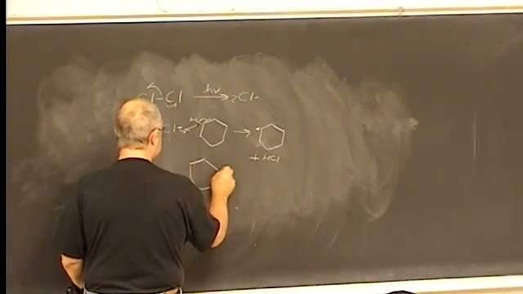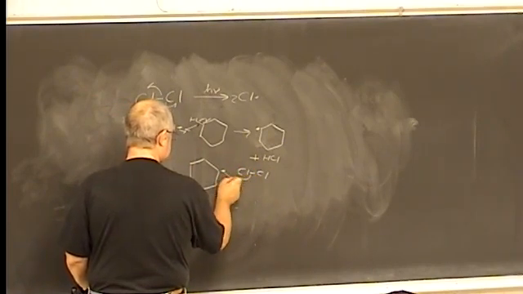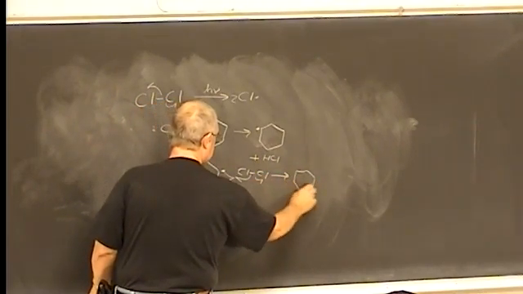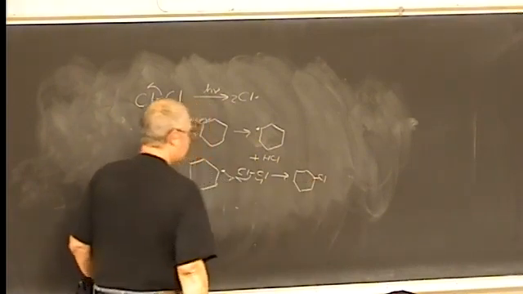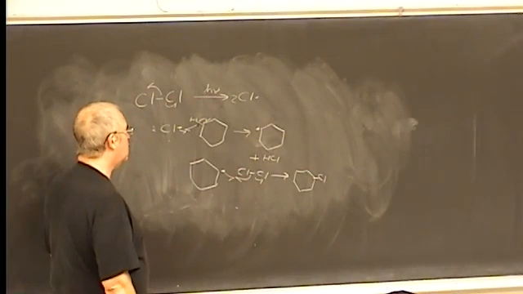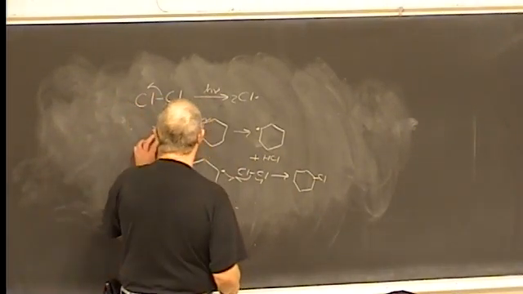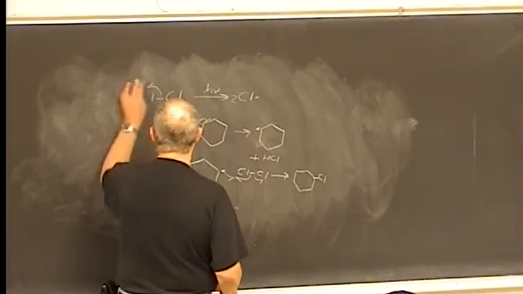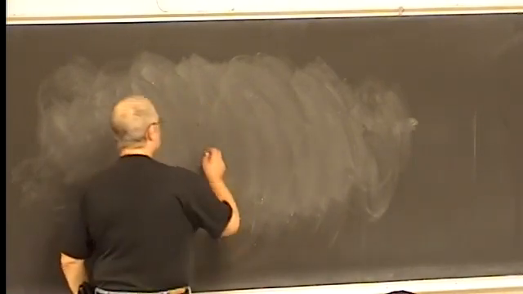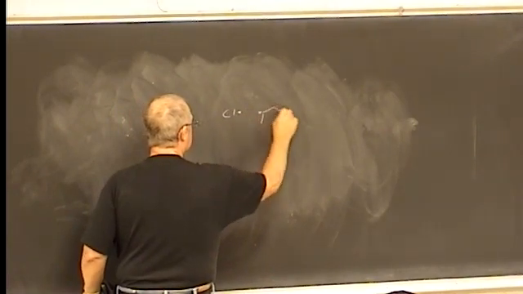For example, and then termination steps result when two free radicals combine to form a covalent bond. Okay, so initiation, propagation, and termination. Okay, so one example of a termination step would be this.